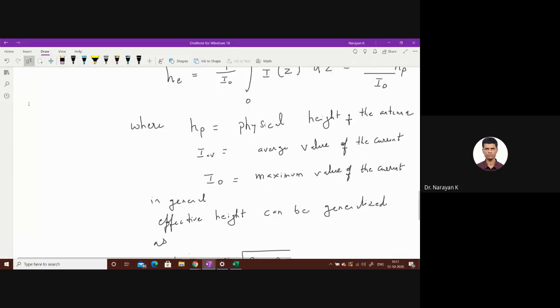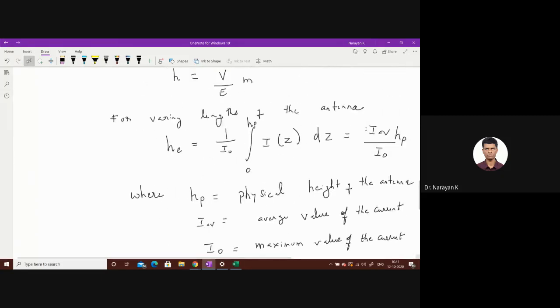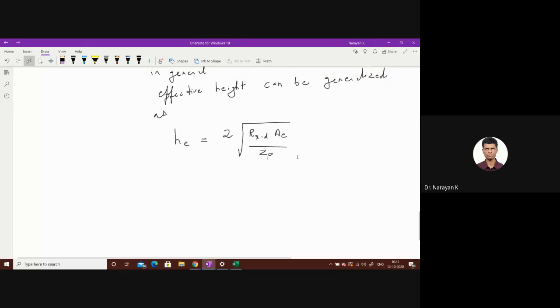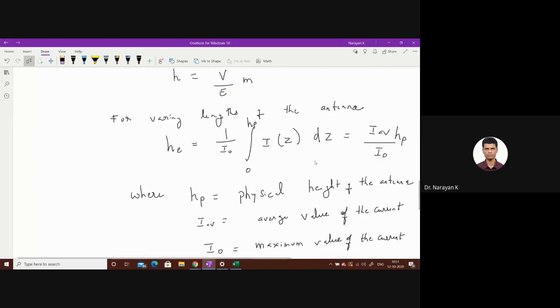So both of these are something like your exact method, and this is something like your approximate method. This is I average. All of you are able to see?